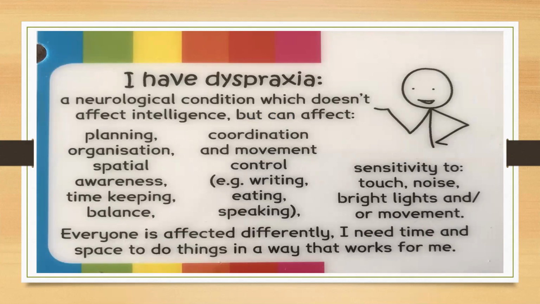These are the effects of it, such as planning, organizing, spatial awareness, timekeeping, balance, coordination and movement control, such as writing, eating, speaking. They spill their food. While writing, they will be writing like dysgraphia. Speaking also, they will be saying something we are not able to understand. So this is also a kind of dyspraxia.